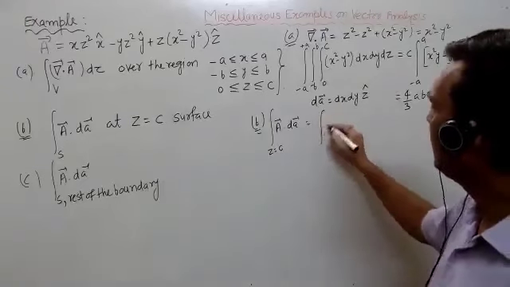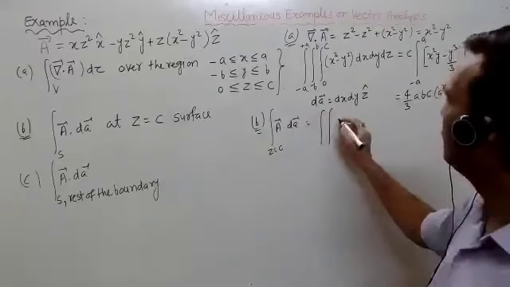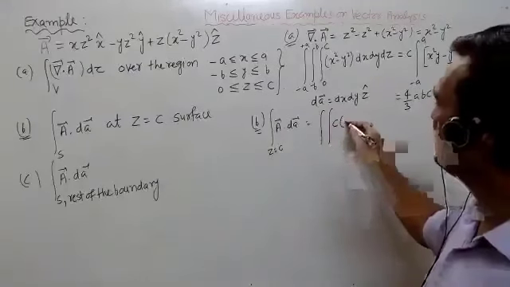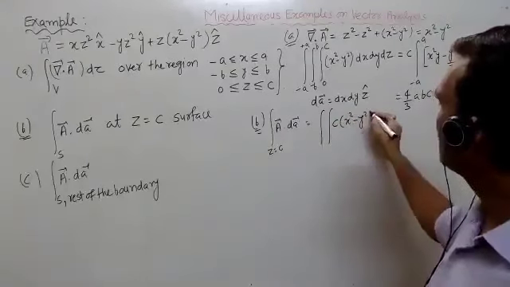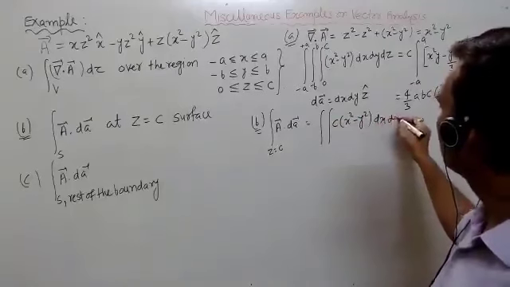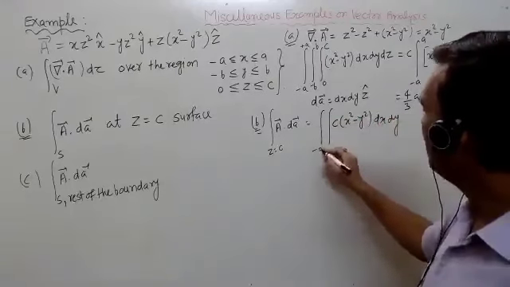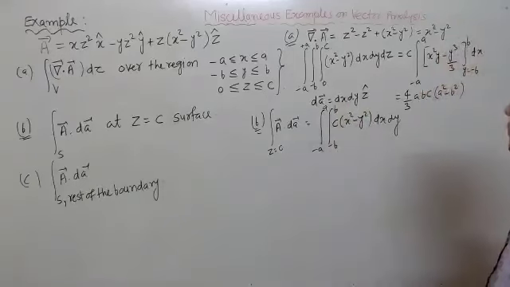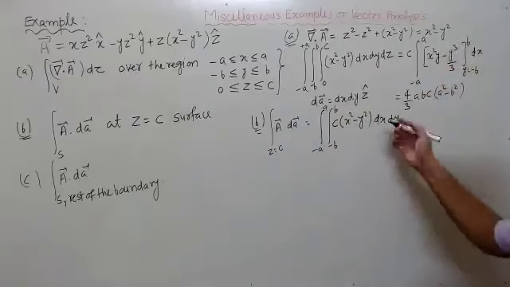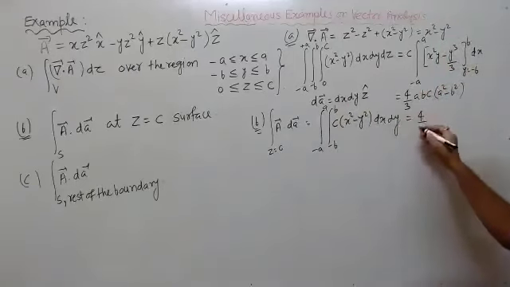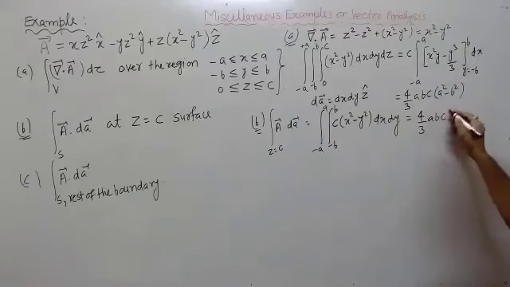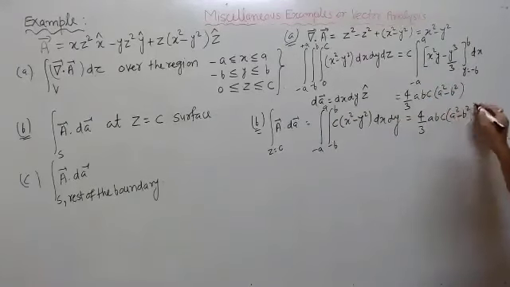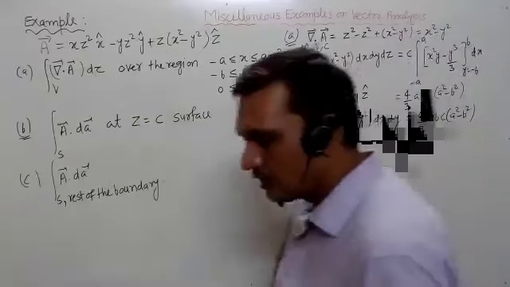So this integral, A dot dA, will give you c times again x square minus y square dx dy. The limits will be minus a to a and minus b to b. Again, if you integrate this, you will get the same value, 4 by 3 abc times a square minus b square. Same integral.